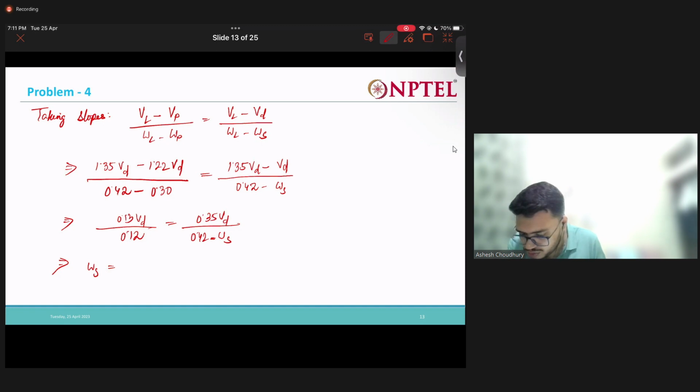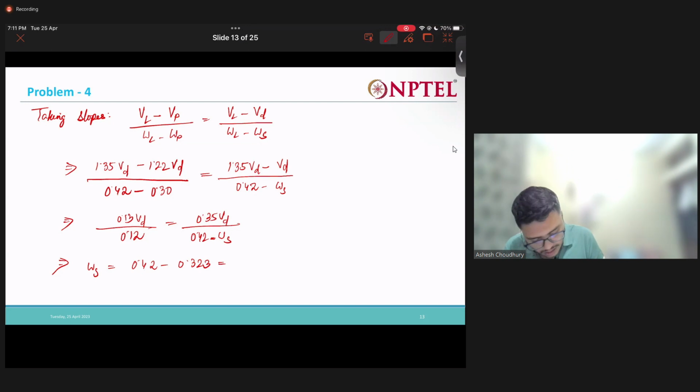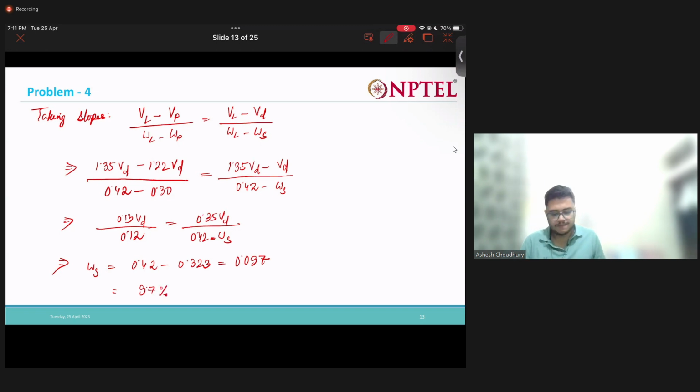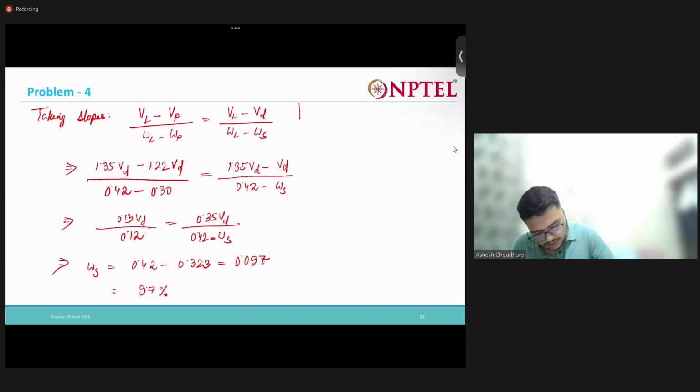So this is 0.42 minus 0.323, which gives us the answer, nothing but 9.7%. Okay, this much is done. So we determined the shrinkage limit.